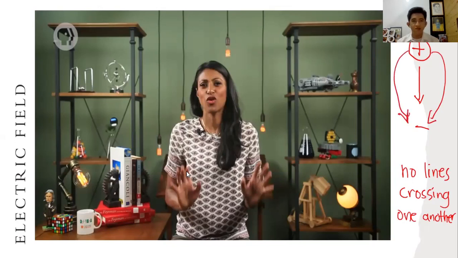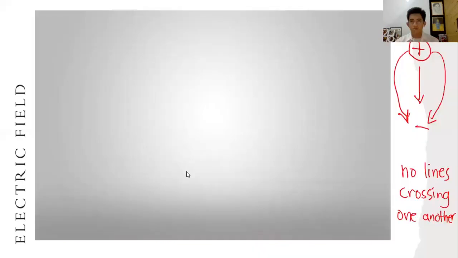And there are no lines that are crossing one another, which means that no electric field lines can superimpose one another.